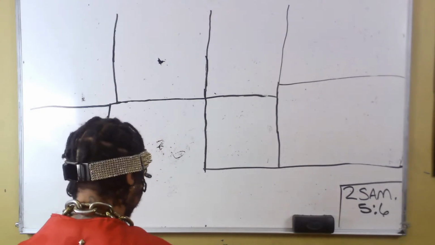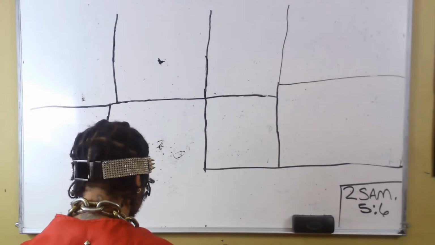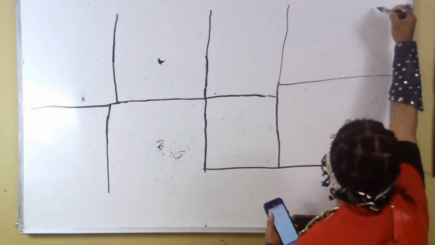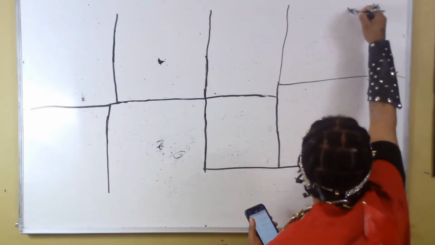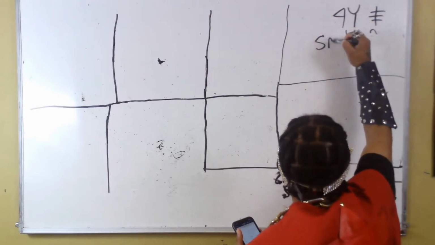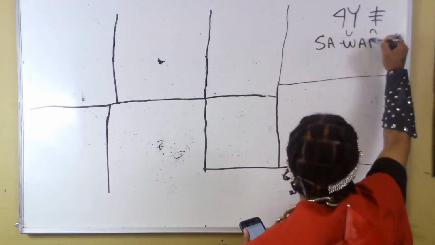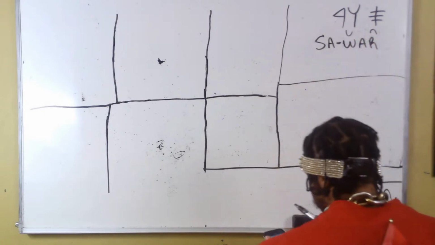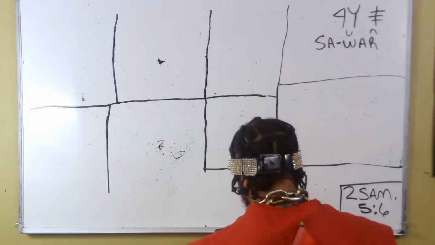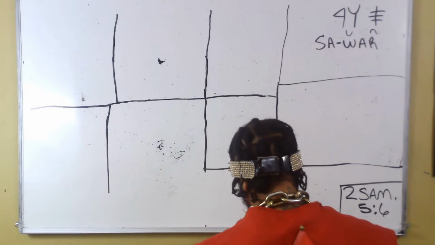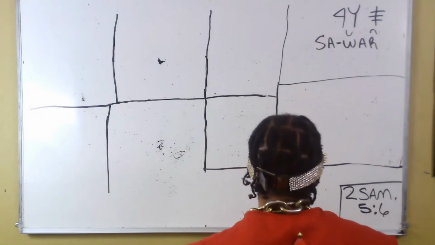The first one that we're going to do is Sawar. This is what the word Sawar means. Okay. I think I gave y'all the wrong one. Did we do Sawar? We just did one. I think we did Ivor.